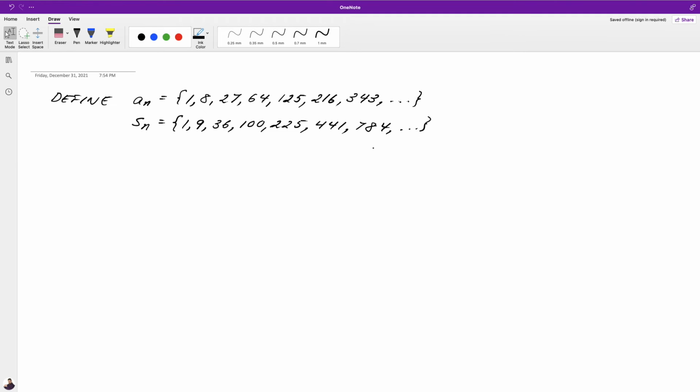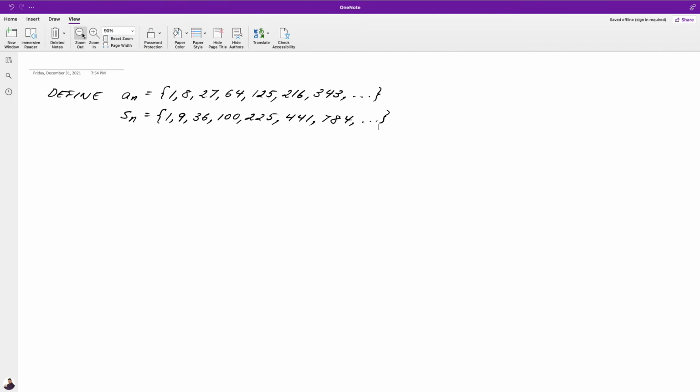We want to be a little bit more precise in how we arrive at our general series formula. So let's find differences. Clearly, to get to 9 from 1, we must add 8.